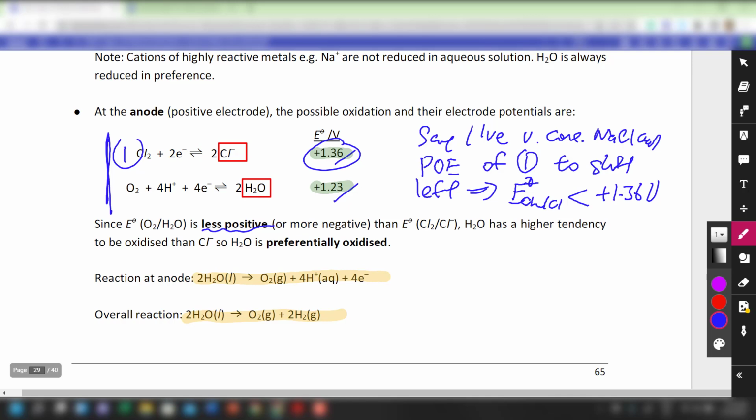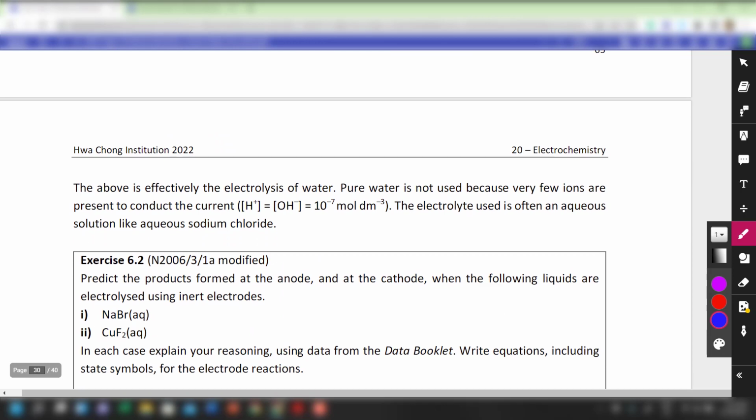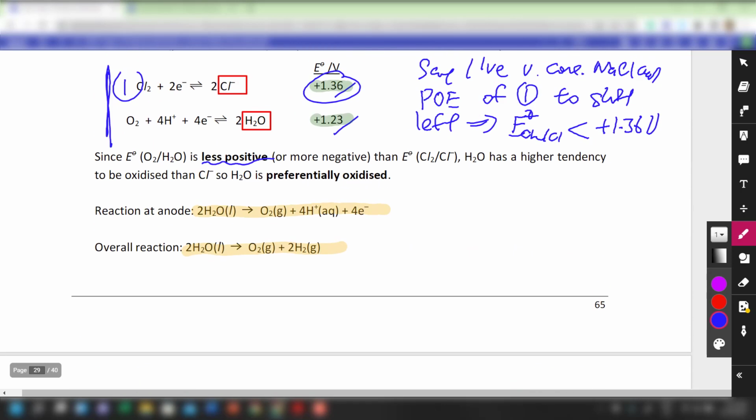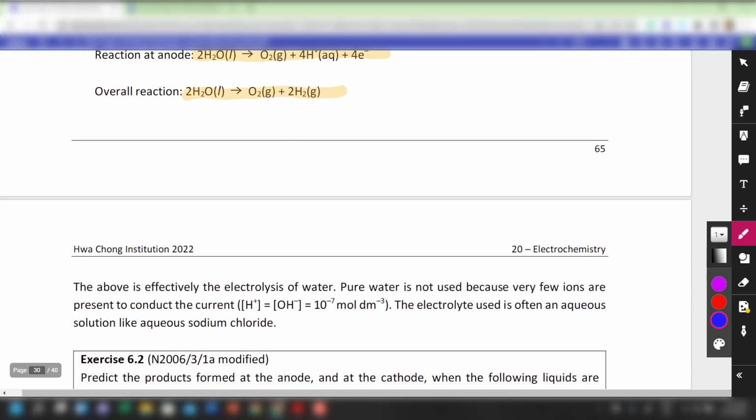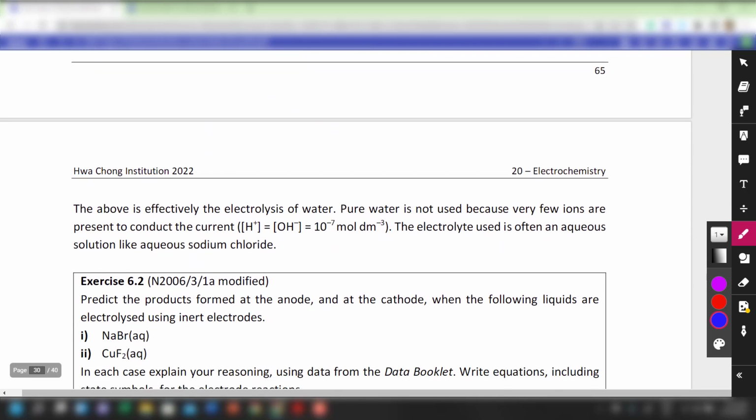So if I use a very concentrated solution of chloride, it might even be less than 1.23 volts, so much so that it becomes less positive than oxygen/water, and therefore chloride will be preferentially oxidized at the anode. We are probably going to discuss that later. I just jump started a little bit, and I hope I do not confuse you.